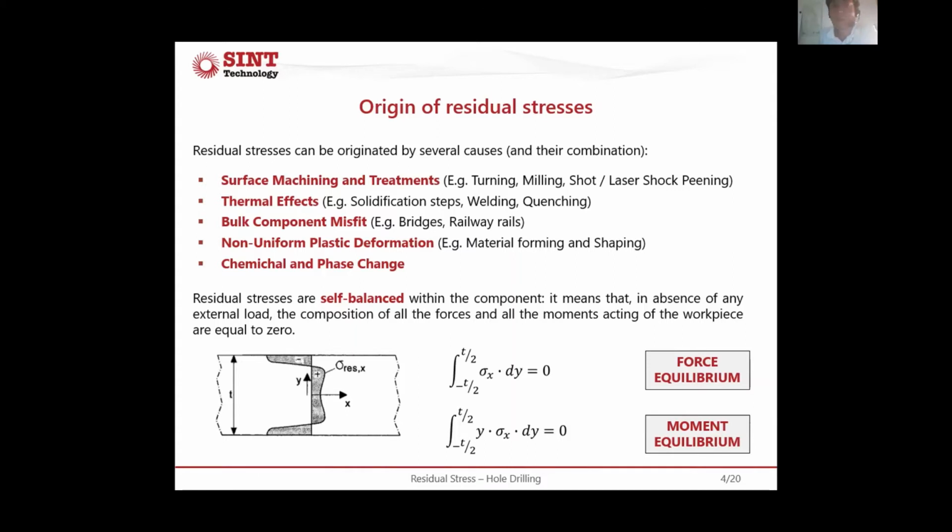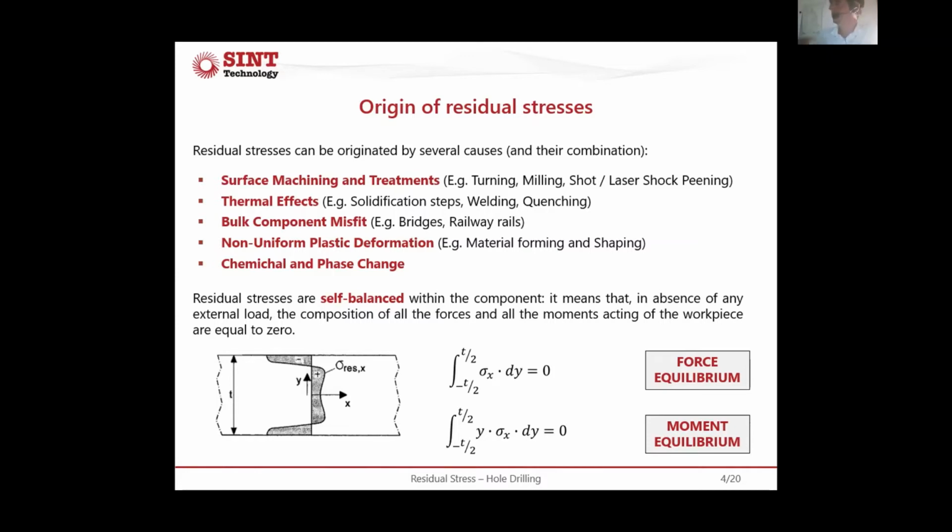And of course, thermal effects, so very fast variation of temperature, big temperature variation in a short time, like solidification steps, but also welding and quenching. Also, for example, misfit among different parts in the case of bulk components, like a bridge or a railway rail.